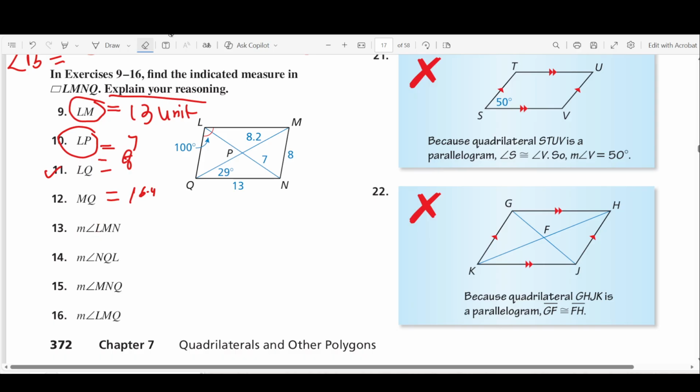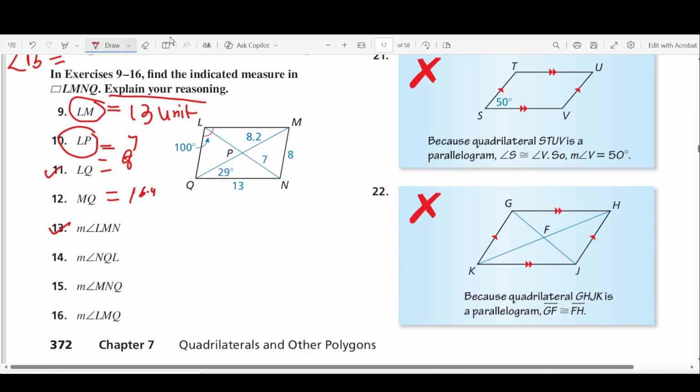Let's try number 13, which is measure angle LMN. So this is L, this is M, this is N. Is this an angle or a side? Actually, I already said it, but still. Number 13.